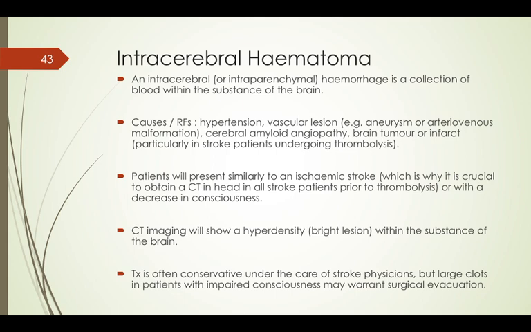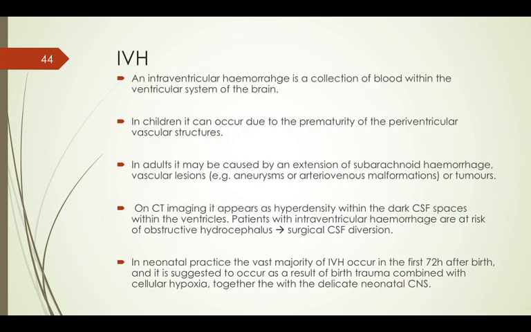Intraventricular hemorrhages, so you may have seen this in your PEDS module, so it often happens in neonates, after birth, and it's often due to the prematurity of the periventricular vascular structures, and it's a collection of blood within the ventricular system. May occur in adults as well, isn't really as common though.